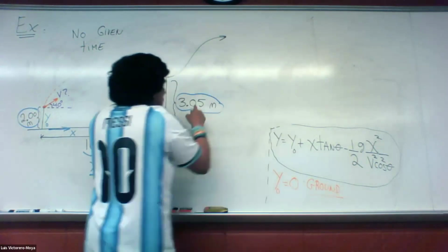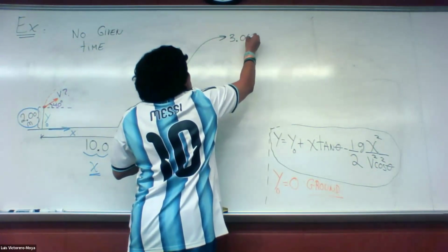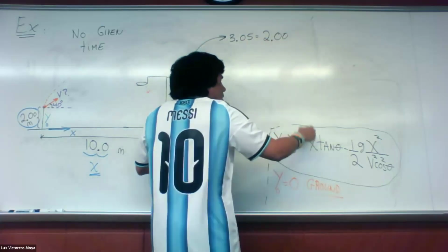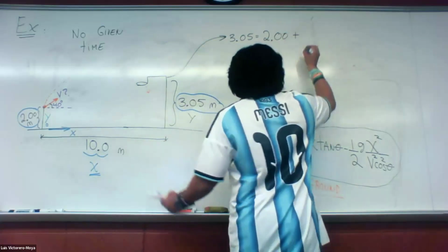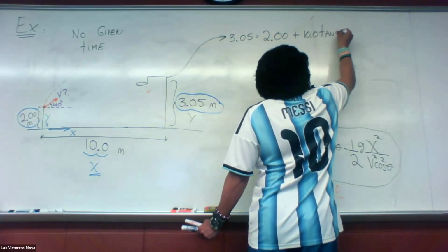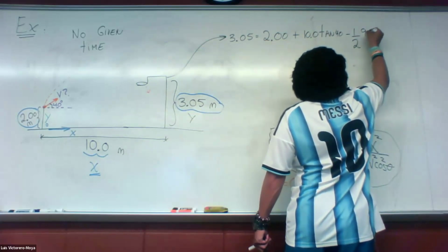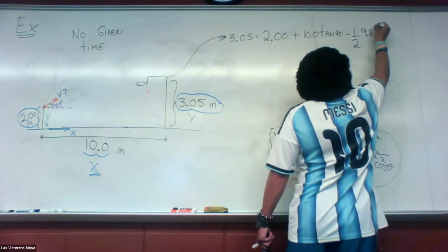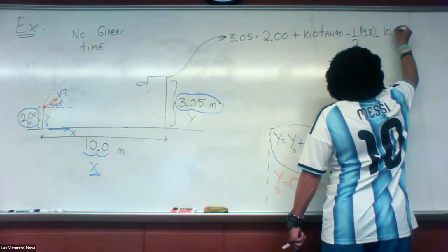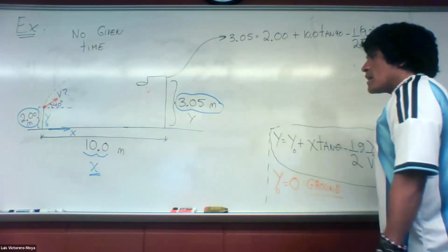So why is this, right? 3.05 is 2 meters plus x tangent of 40 minus 1/2 gravity x squared over v squared.